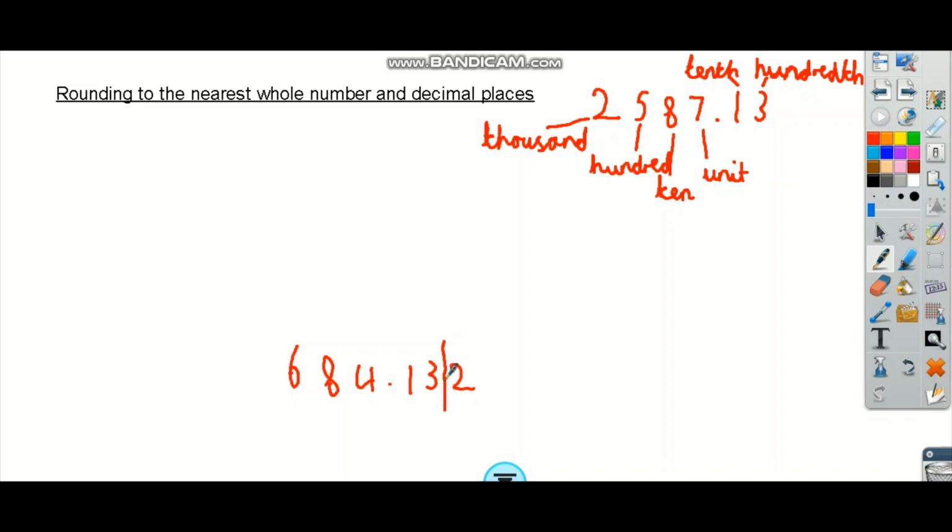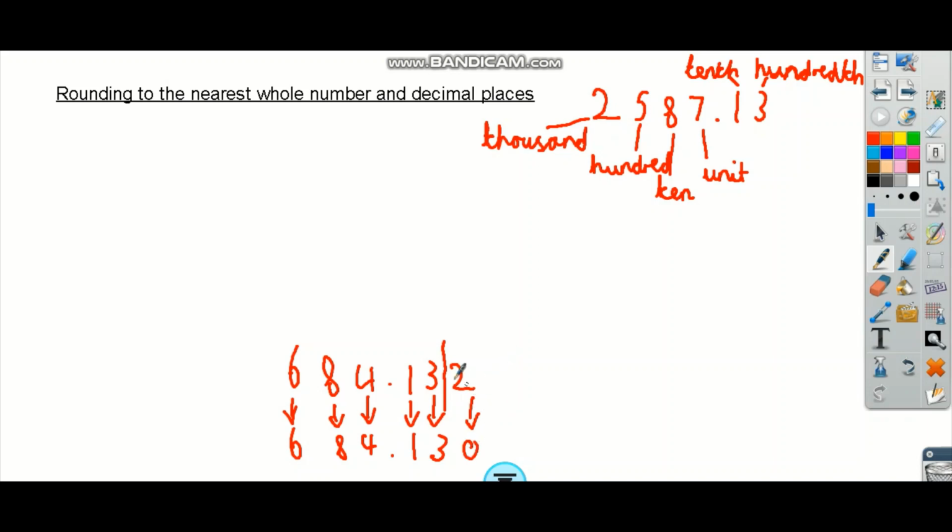Now we see if the number after the line is bigger or smaller than 5. We know that 2 is less than 5, so we keep 3 the same, 1 the same, 4 the same, 8 the same, and 6 the same. We also put the decimal point down as well, but we turn 2 into a 0 because we rounded it down.